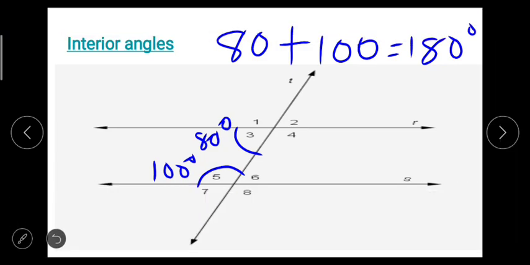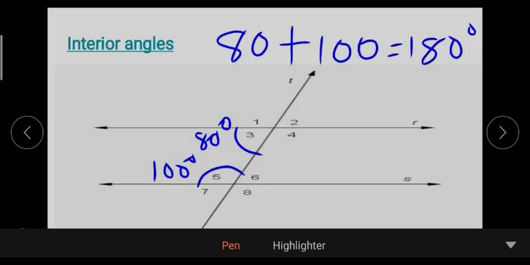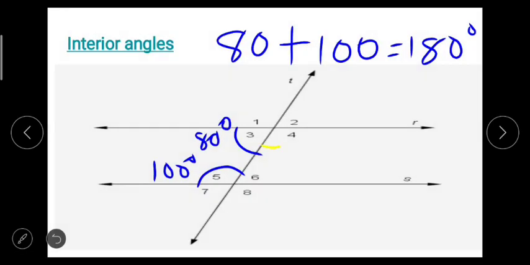Similarly, we will take the next pair of interior angles, 4 and 6. Suppose the measure of angle 4 is 120 degrees.